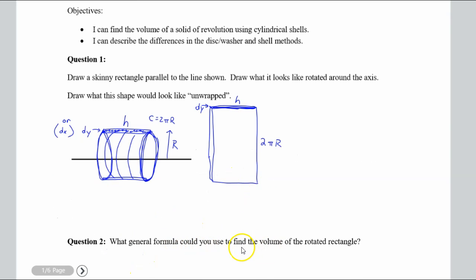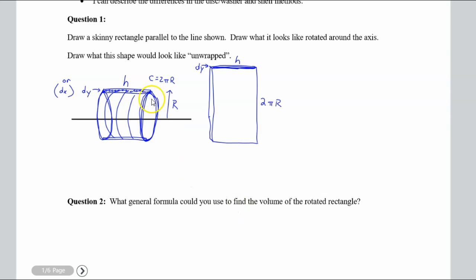Alright, so what formula could we use to find the volume of that rotated rectangle? Well, the volume of a cube is just length times width times height, or height, width, depth, however you want to call those, just the three sides multiplied together. So that volume would be, we'll start with this 2 pi r times h, and then times that thickness dy, or, in the case of the other way, dx.